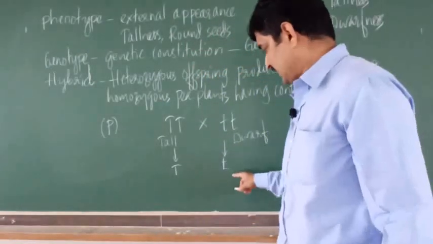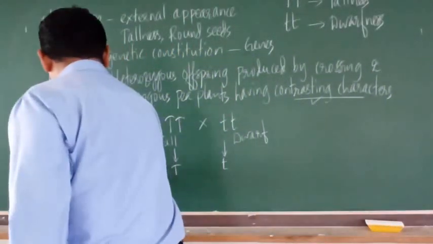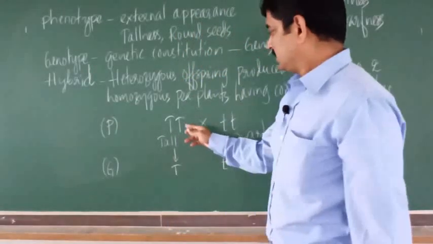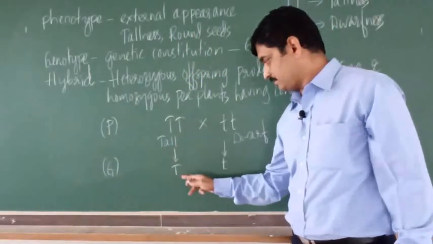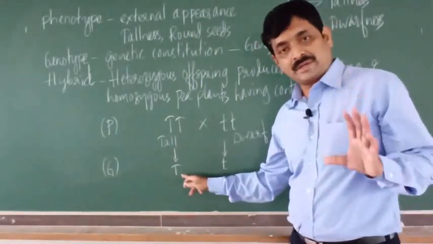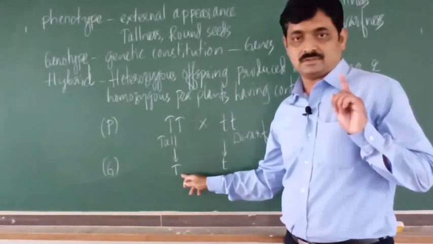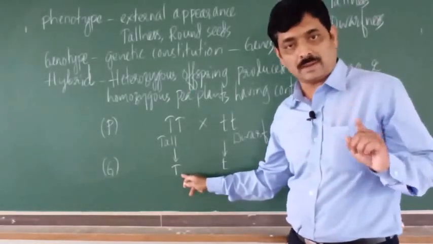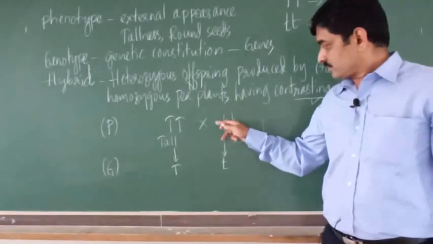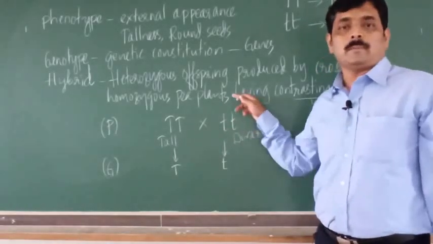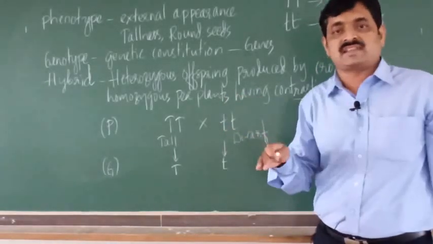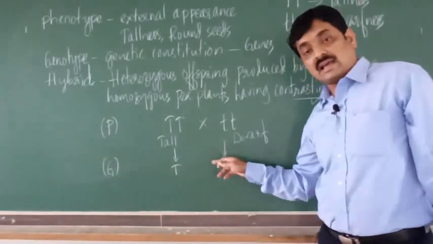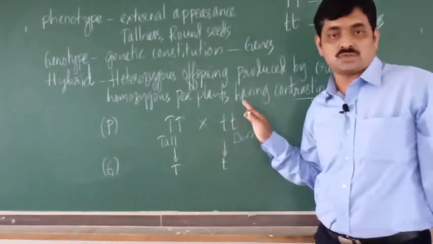Right? So these are the gametes. So this parent pea plant produces gametes which have dominant gene capital T. This homozygous parent pea plant also produces gametes. All gametes have a recessive gene small t.